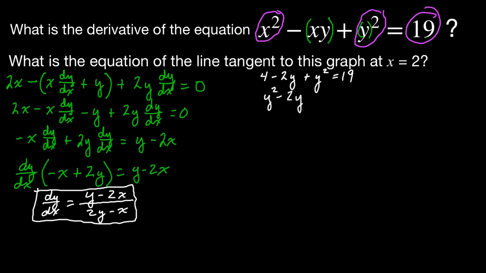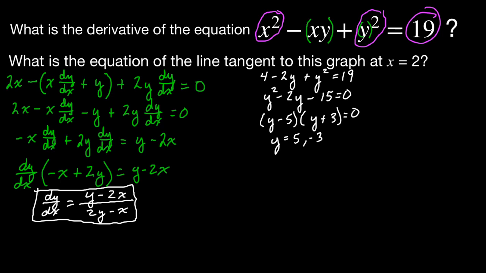So we're going to subtract 19 over here, making it minus 15. Then we factor this, which goes down to y minus 5 times y plus 3, giving us y values of 5 and negative 3. So there are two places where you're going to have a tangent line at x equals 2.